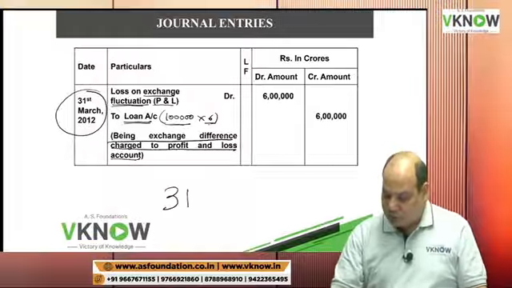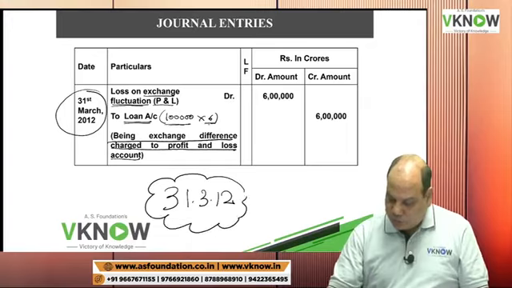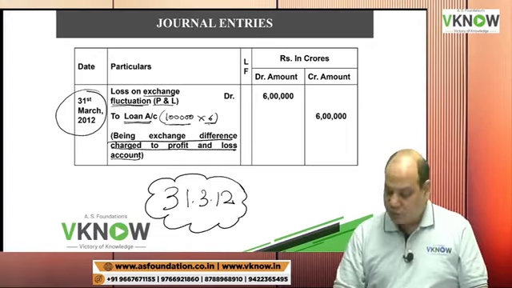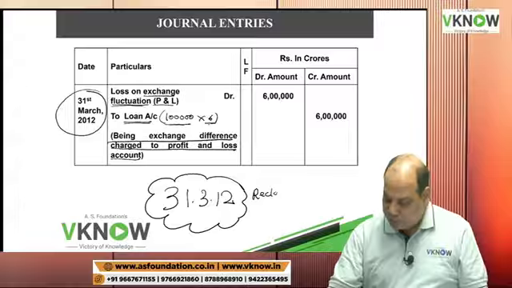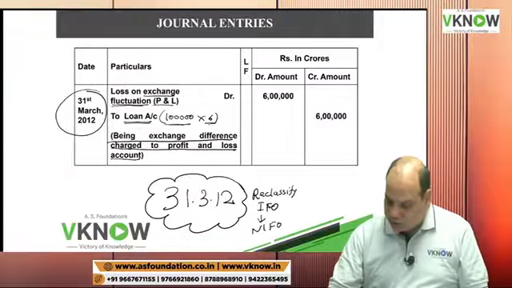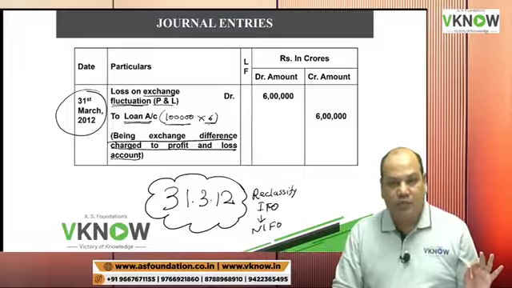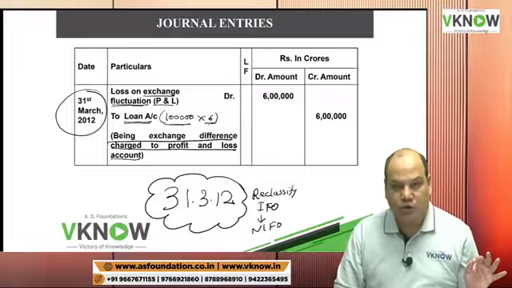But what happened on 31st March 12? On 31st March 12, they decided to reclassify integral foreign operation into non-integral foreign operation. And they have one land in the books which is carried at cost.